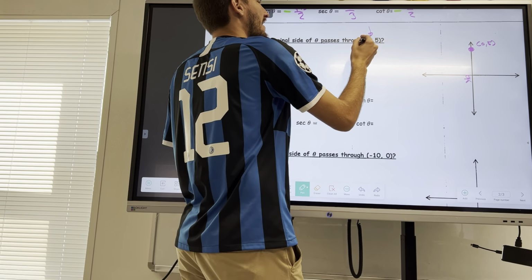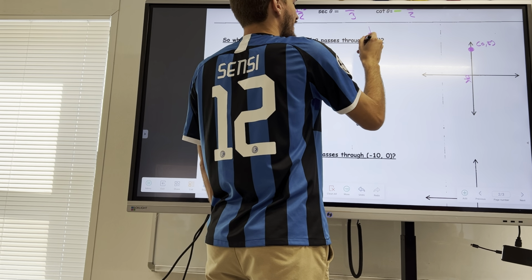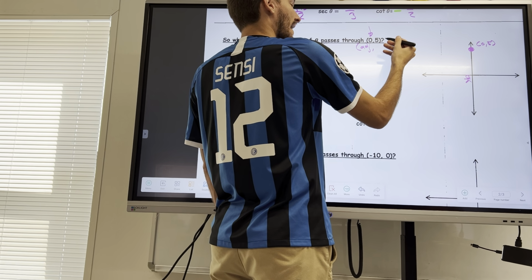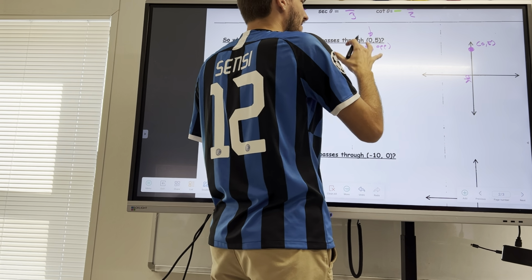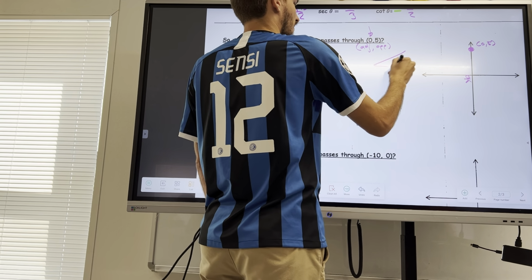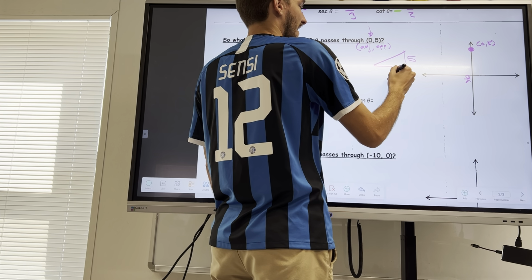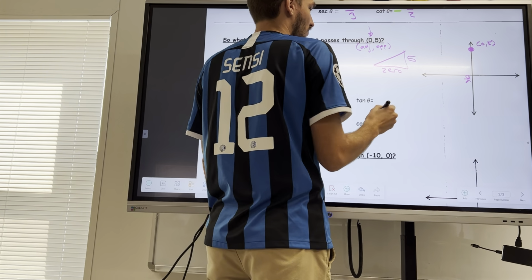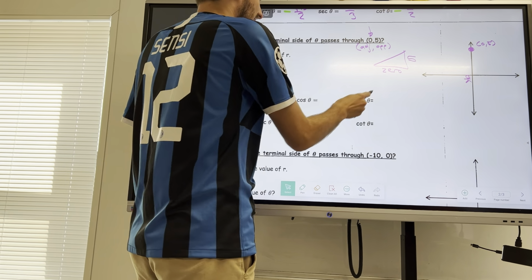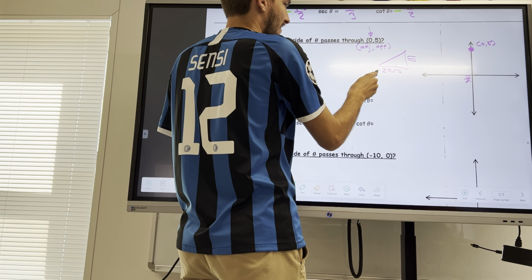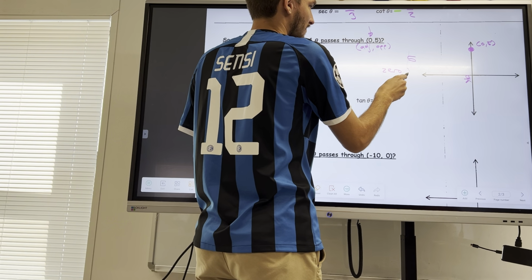We talked about how the x is always considered to be the adjacent side, and the y is always considered to be the opposite side. So if this is a triangle where the opposite side is 5 and the adjacent side is 0, it's not a very good triangle, because we should slide this bottom until it's 0.